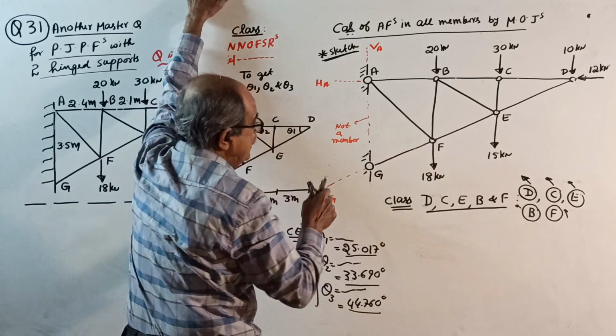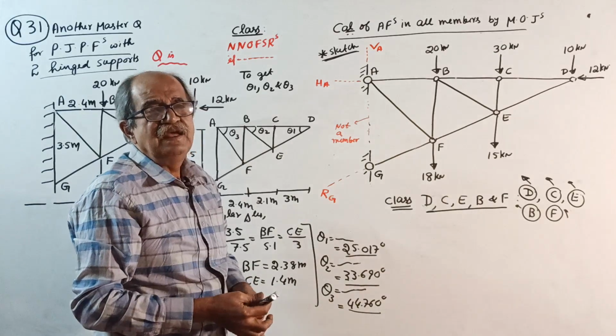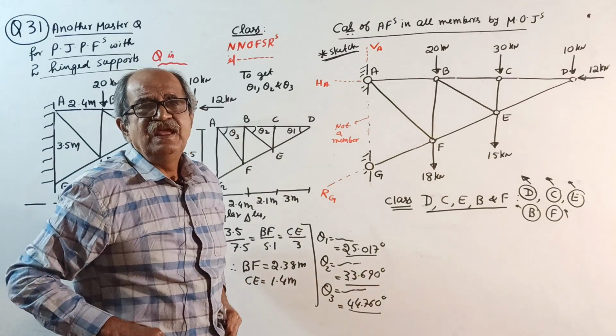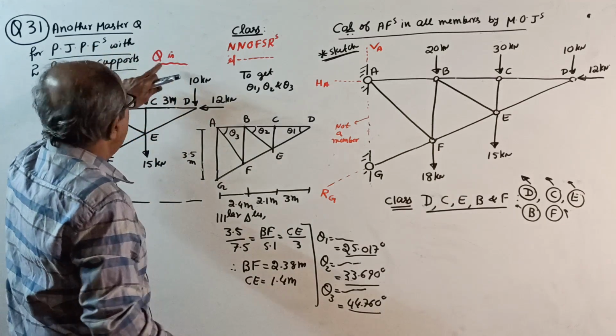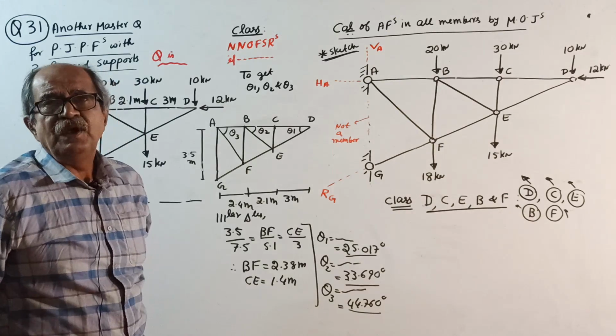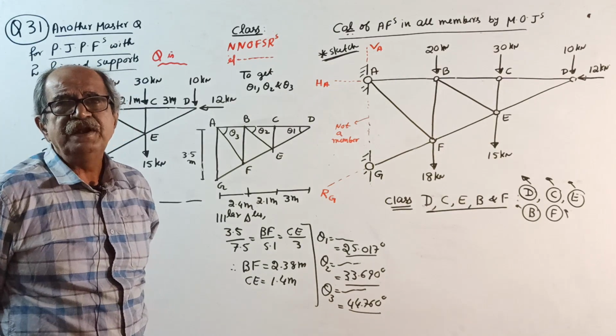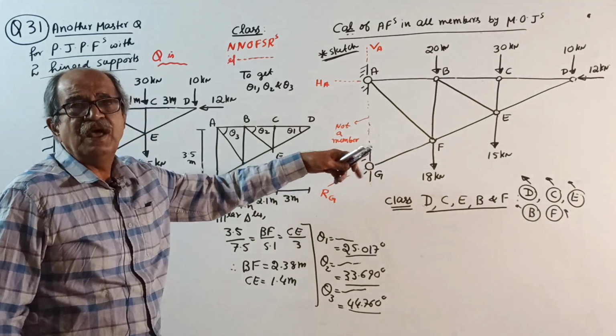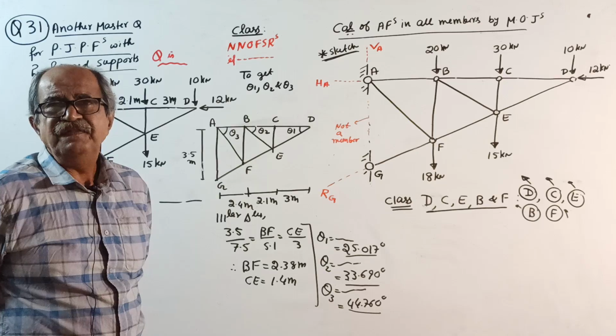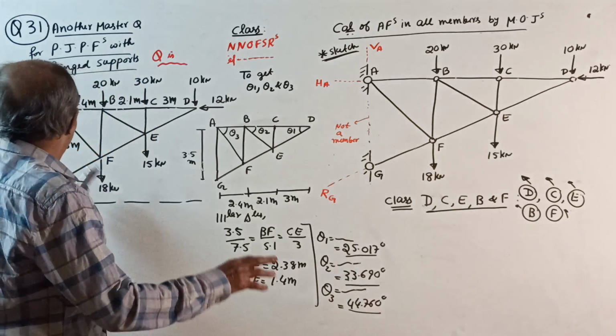It is collinear here. So finally, the number of unknowns is only 3. If you remember, I told this in lecture number 22, everything is told. You have to go through it and also solve further questions. This is the 4th or 5th question I am solving.